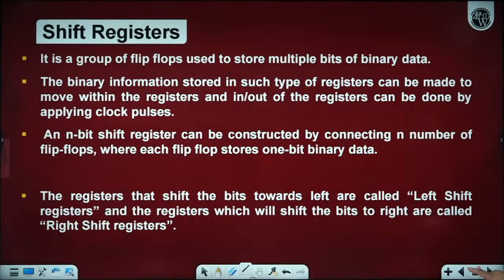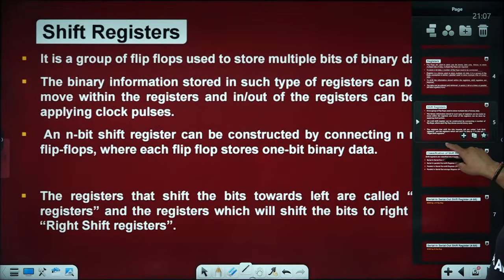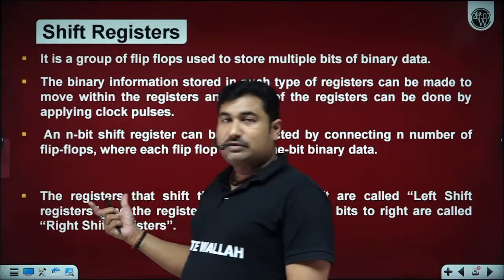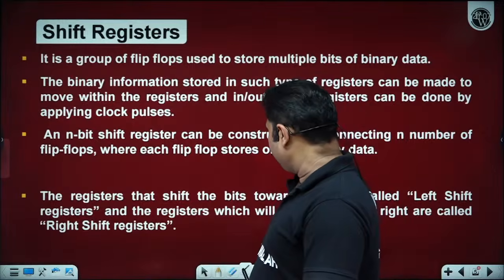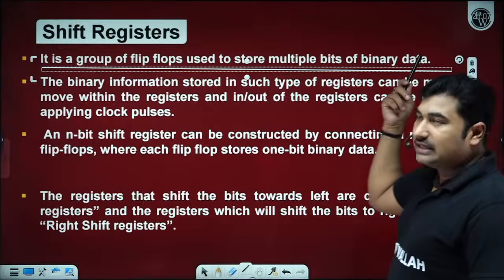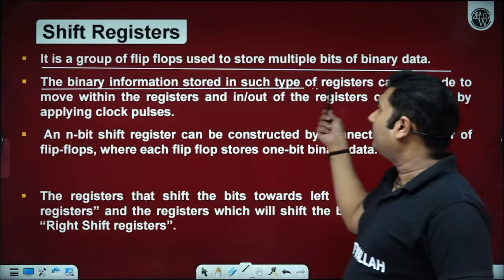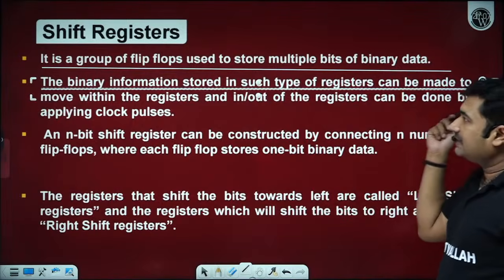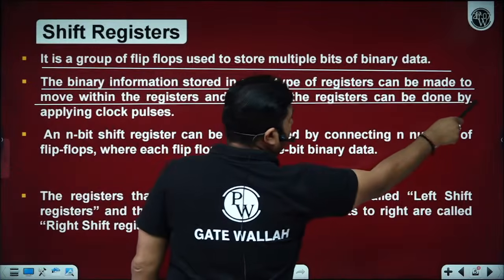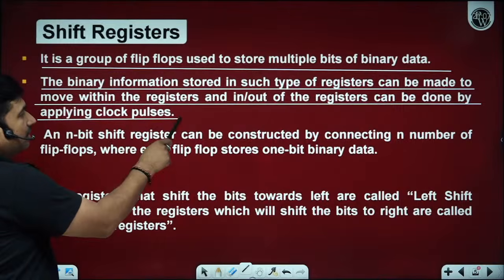Now let's talk about the types of shift registers. Before that, let us talk about what a shift right and shift left register is. A shift register is a group of flip-flops used to store multiple bits of binary data. The binary information stored in such a register can be made to move within the register. Moving data in or out of the register is done by applying clock pulses.